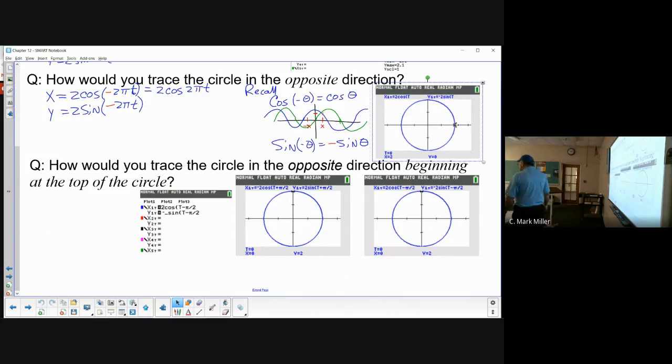So you want to begin at pi over 2, and you want to go this way, clockwise. So that was the opposite direction. The initial direction was counterclockwise.